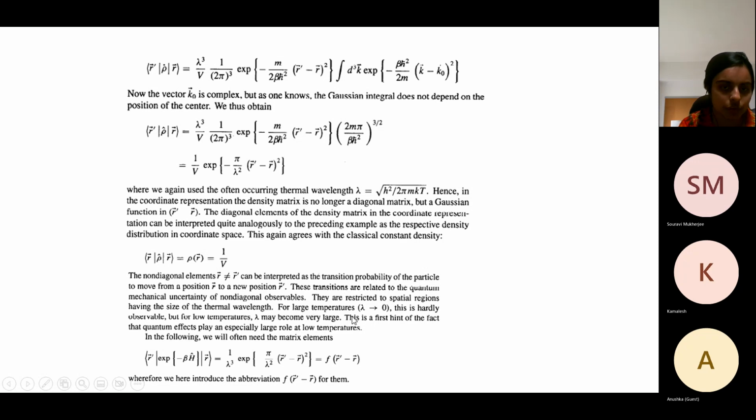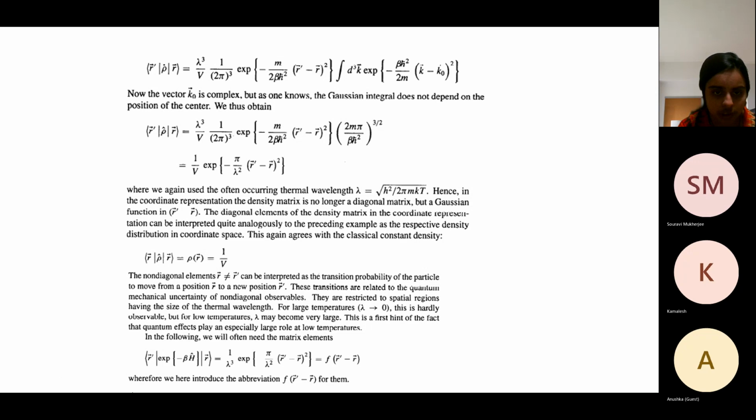Now if you go to larger temperature, what happens? Lambda, which is the thermal wavelength, goes to 0. So in that case, this transition from one state to another is hardly observable, and this term goes to 0.